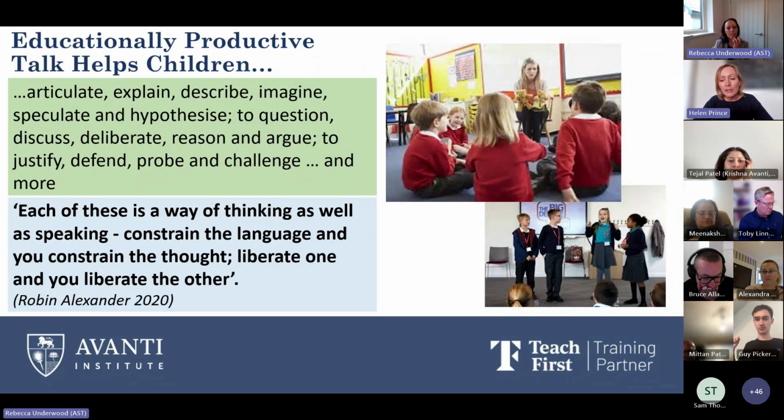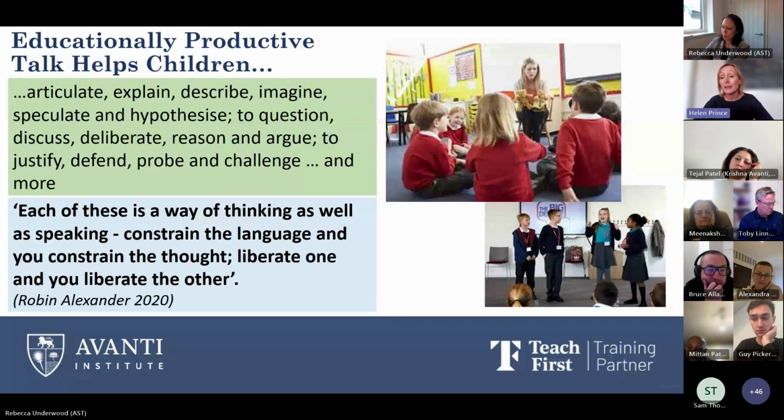But oracy is absolutely the way to navigate all of those barriers. What more could we want for our young people than that they leave us able to tell each other, tell their peer group, tell their families and people in authority how they think, feel, dream, imagine, fear, all of those elements that make us human, conveyed through our ability to articulate.